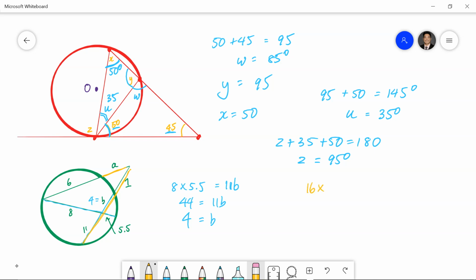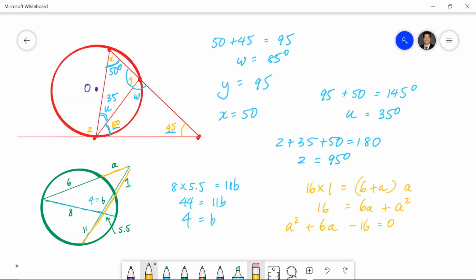So 16 times 1 is equal to 6 plus a, times a. If we expand it, 6a plus a squared is equal to 16. We have a squared plus 6a minus 16 is equal to 0.